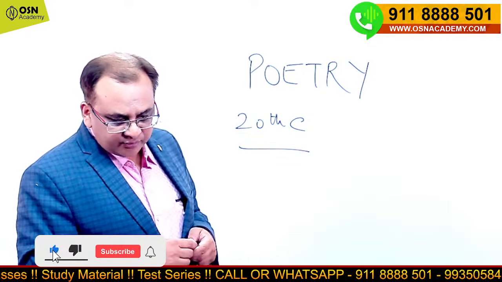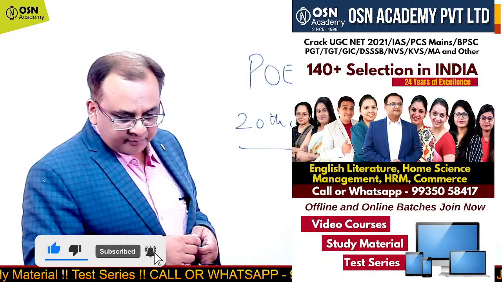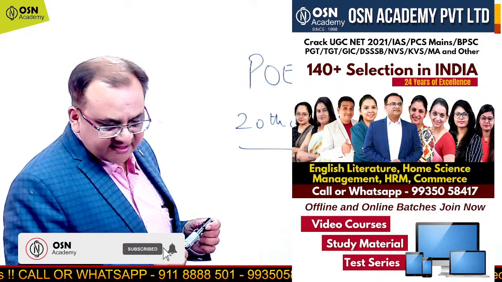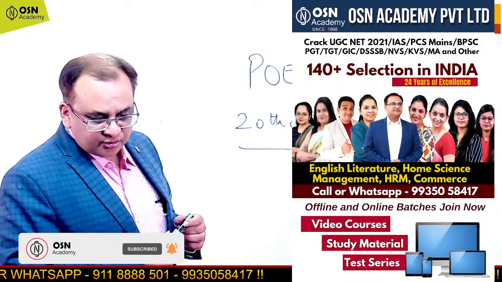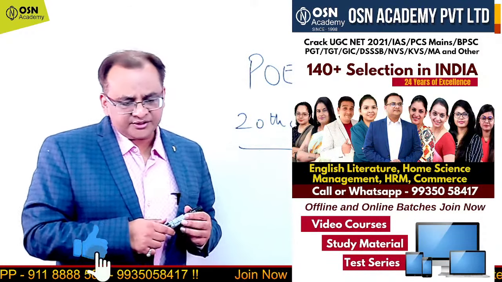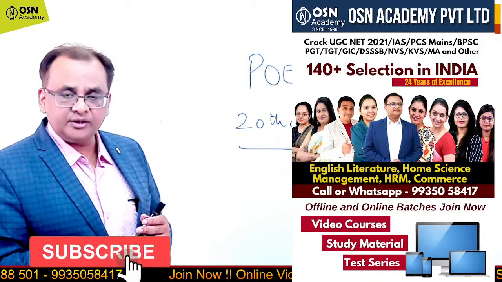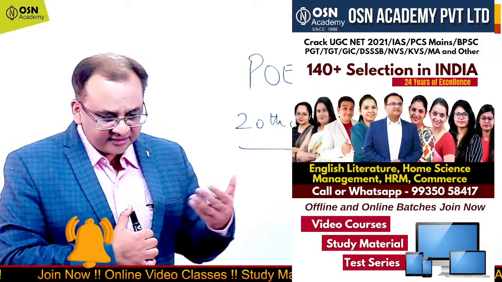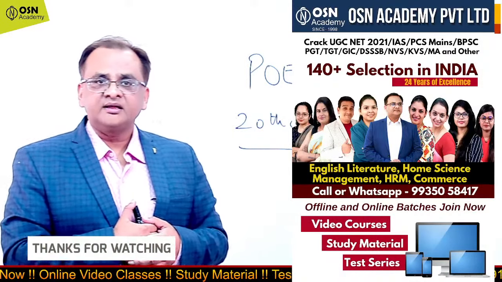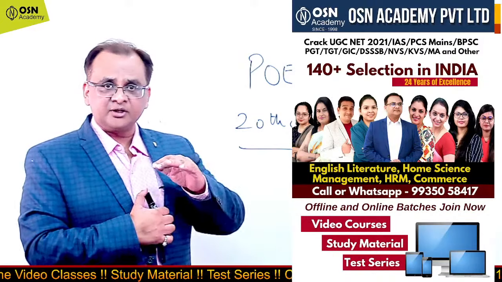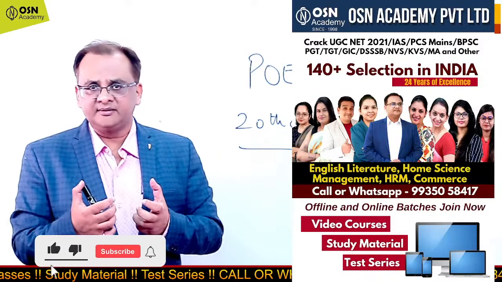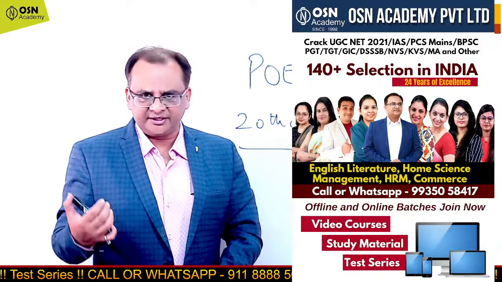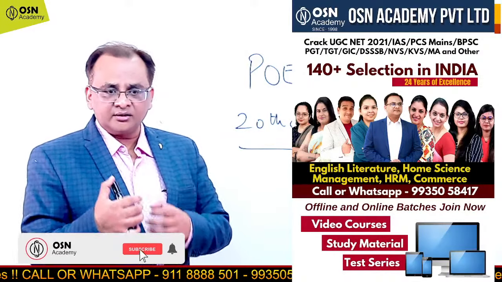Yes sir, I have got exam of UGC NET 2021. Hi Pushpa. Deepmala. Sir, I am preparing for NET JRF. I have given the examination of NET 2021. So Radha, Deepmala or Pushpa, have you ever spoken to me telephonically, or have you ever visited my application of OSN Academy? Because there are many names which are very common, I have students in my application, in my system, who have the same names.